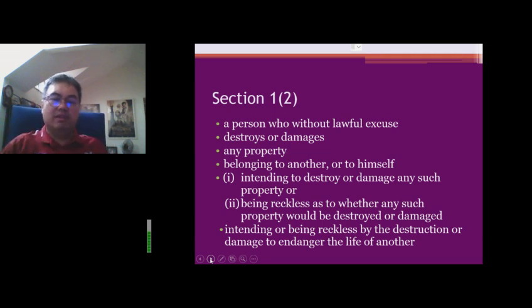the life of another. So not just that the person causes destruction or damage, the person must have intended or was reckless that the destruction or damage would endanger the life of the other. The destruction or damage must endanger the life of another.